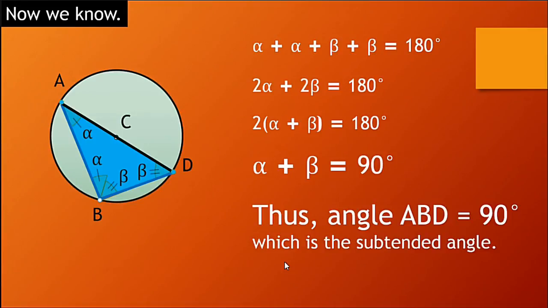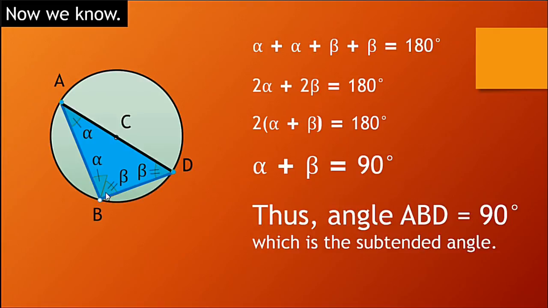Therefore, 2 times alpha plus 2 times beta equals 180 degrees. This means we can divide by 2 to find that angles alpha plus beta equal 90 degrees. This is a right angle. This is the angle subtended by the diameter on a circle. Thus the demonstration is complete.